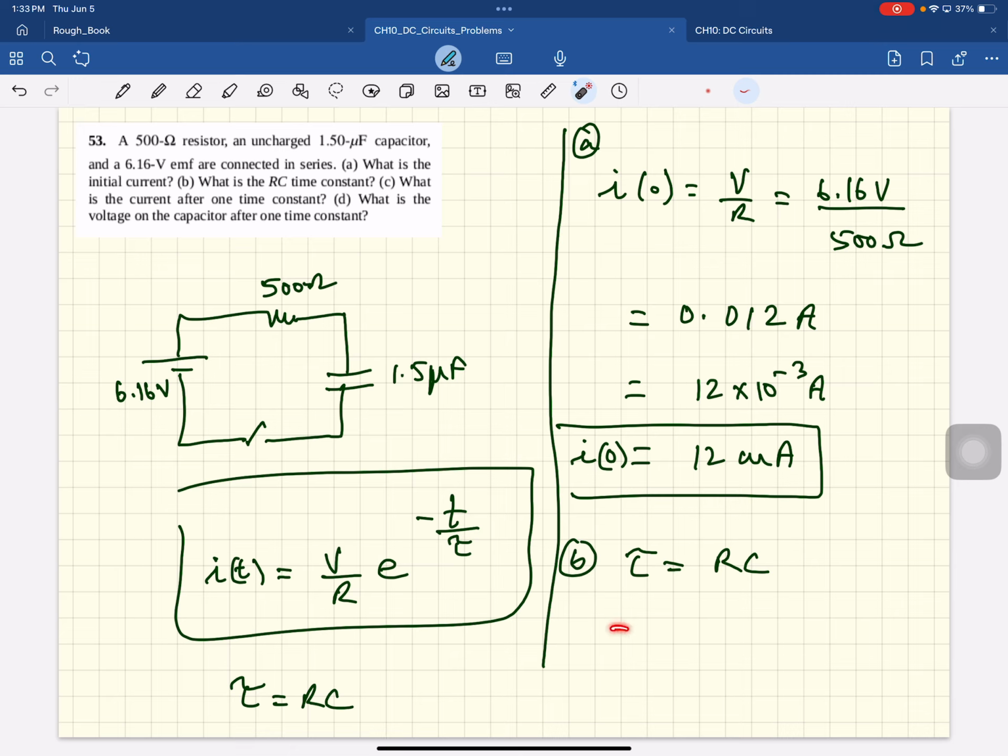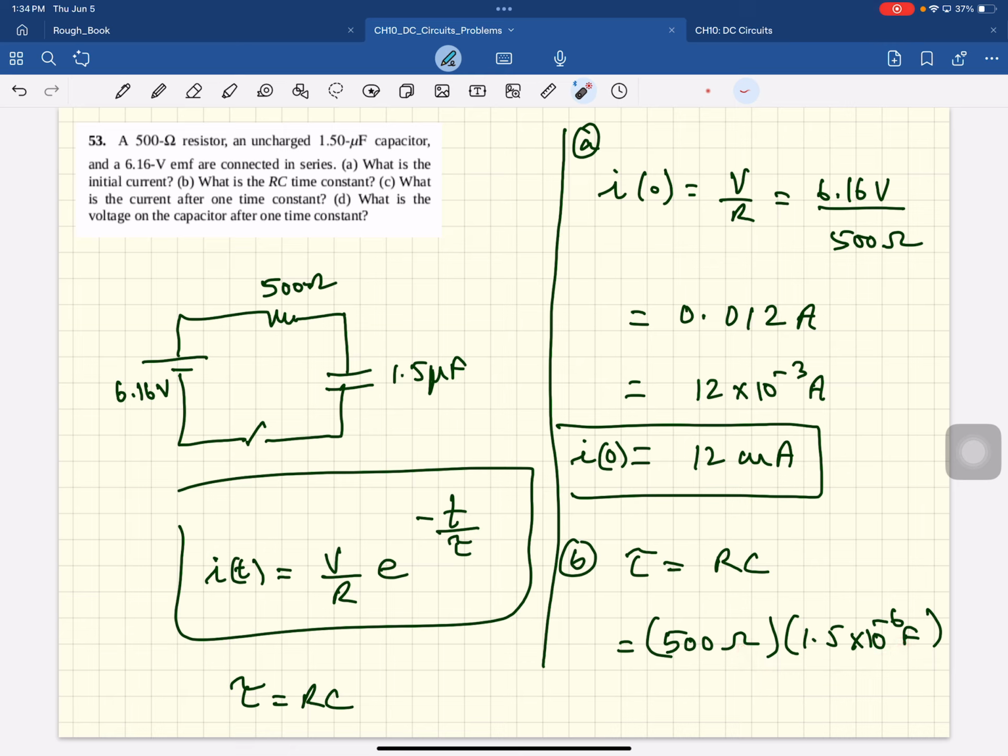So R is 500 ohms. Microfarads. Micro is 10 to the minus 6 farads. And again, in all these things, ohms times farad is what? Seconds.